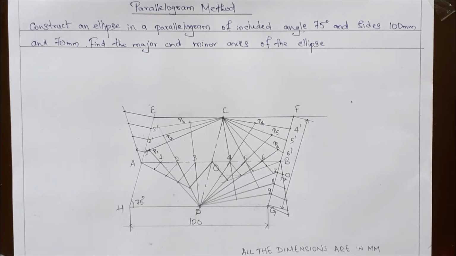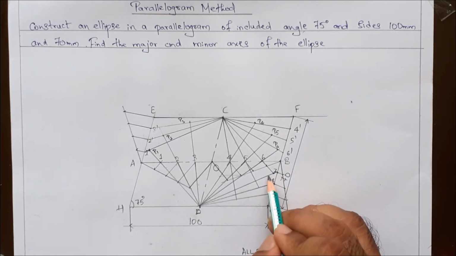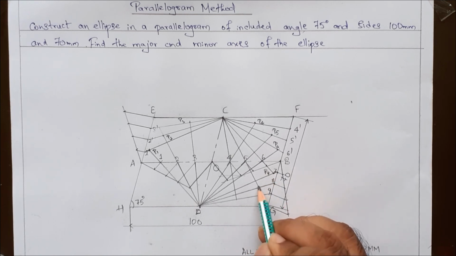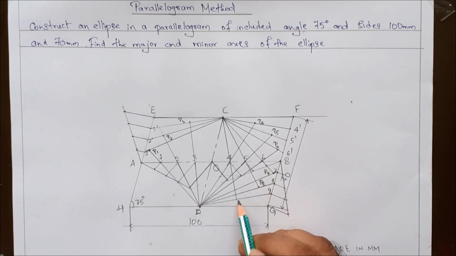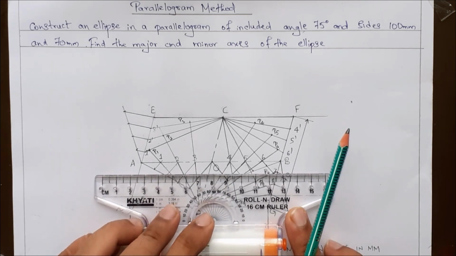Now let us name these points as P7, P8 and P9 respectively.